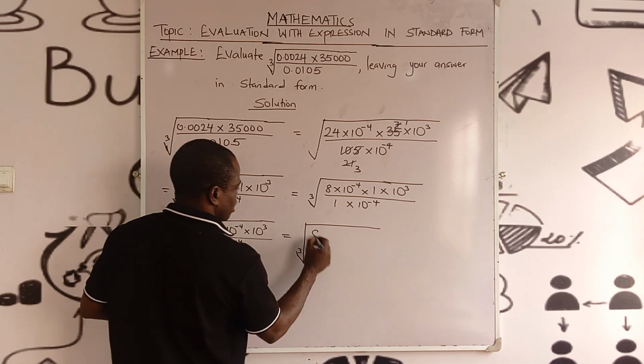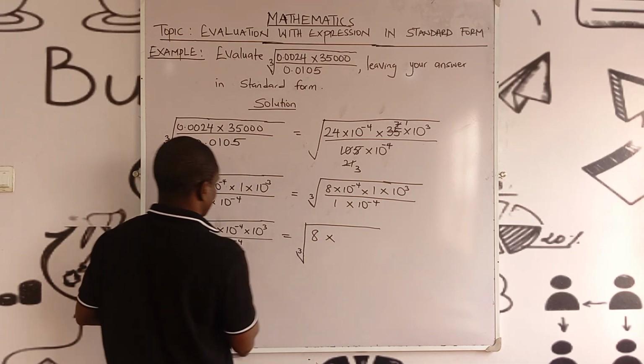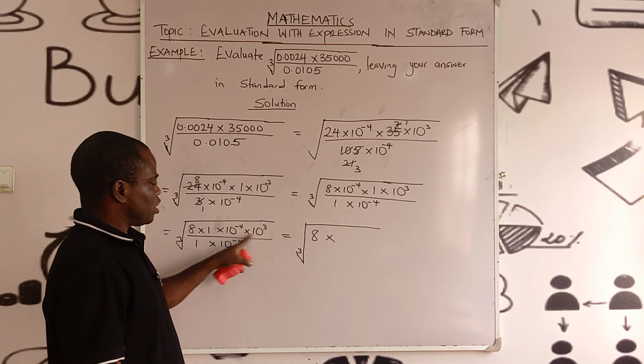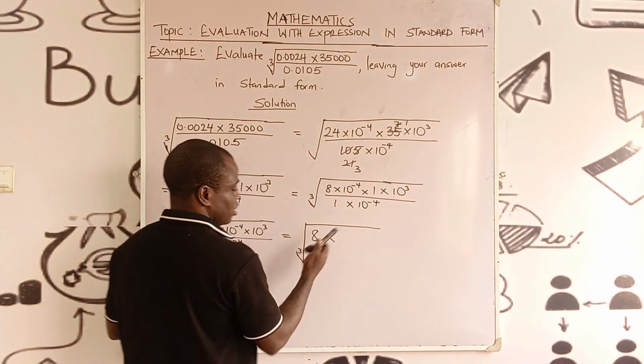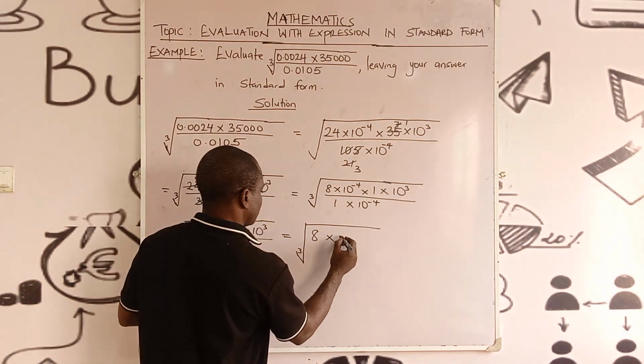8 times 1, that's 8, times 10 raised to power minus 4 plus 3. When the tens are multiplied, the powers are added. That is part of the law of indices.